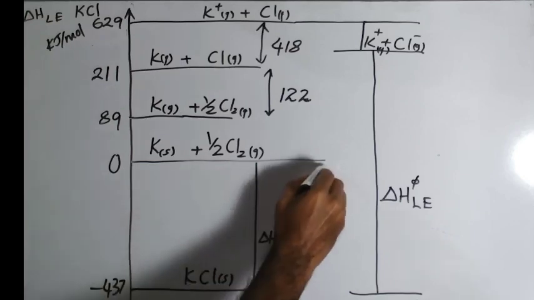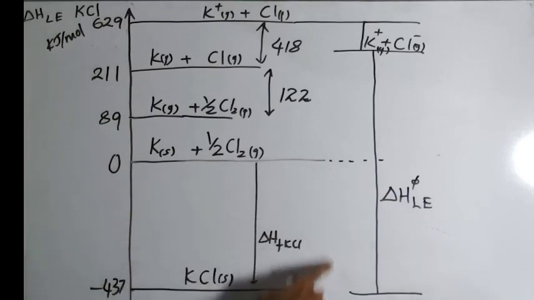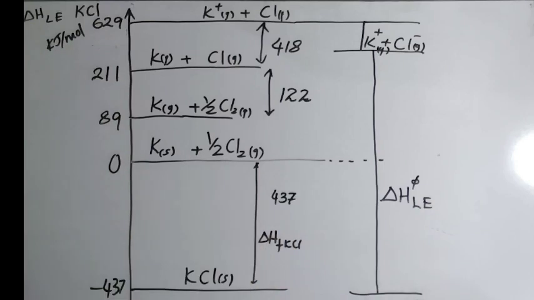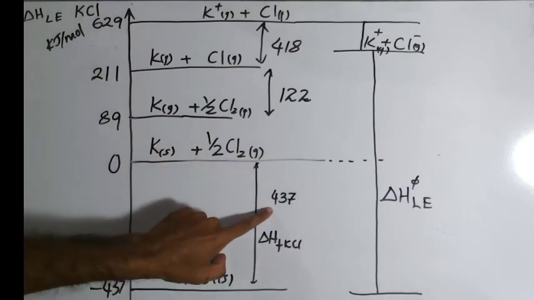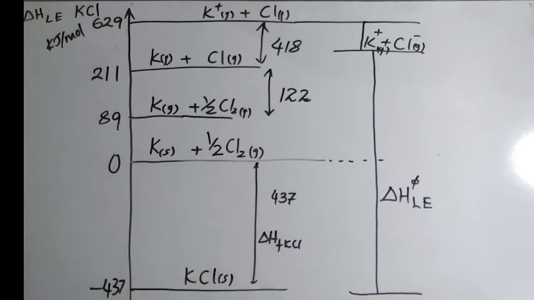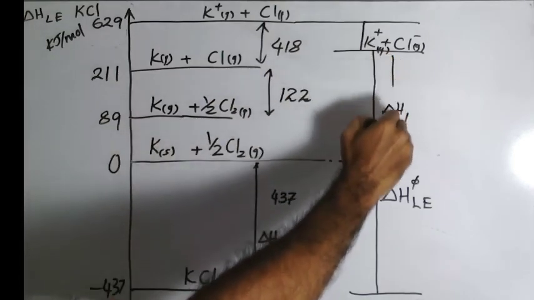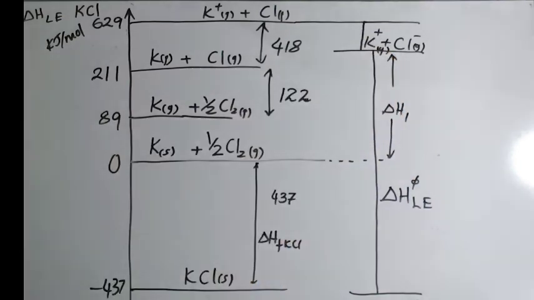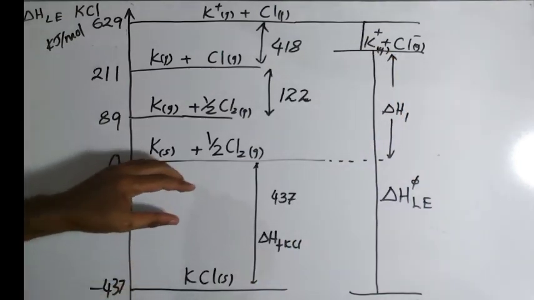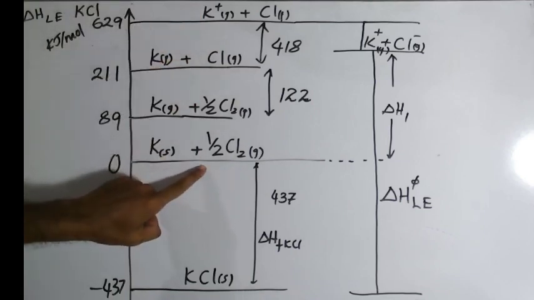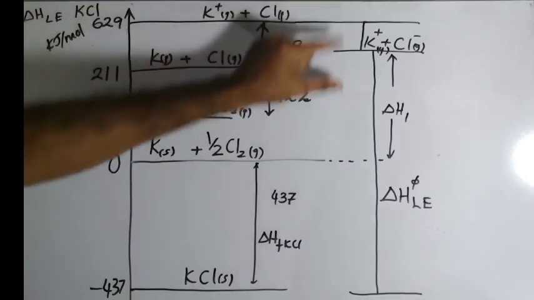Here, this gap should be equal to 437. When we consider the gap, we don't consider whether it is plus or minus. Then we have to find this gap, let us say delta 1. To find that gap, we have to consider the total gap from here to here and subtract this small gap.